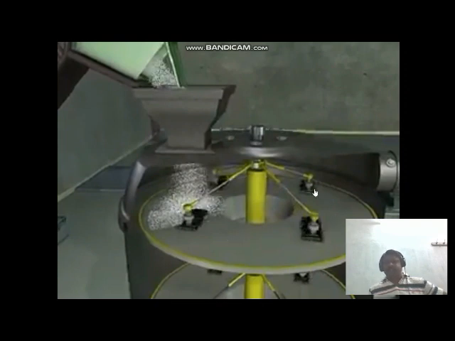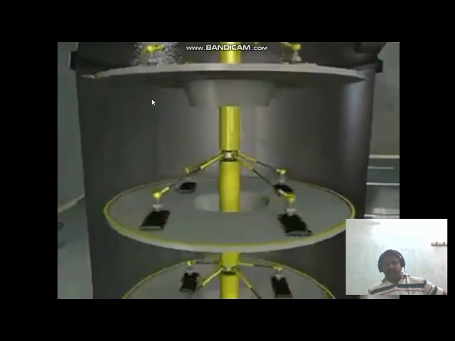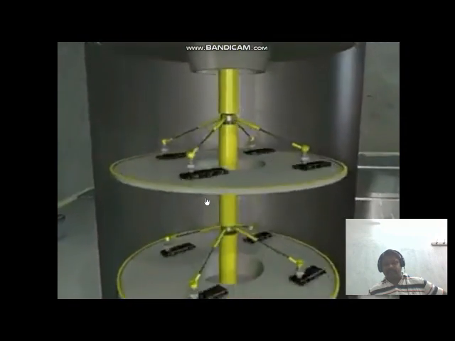This is the idli plate, and this is your idli mixture. See how it is rotating. This shaft is completely rotating, and when it is rotating, the calcium hydroxide comes down and falls onto the next shaft.